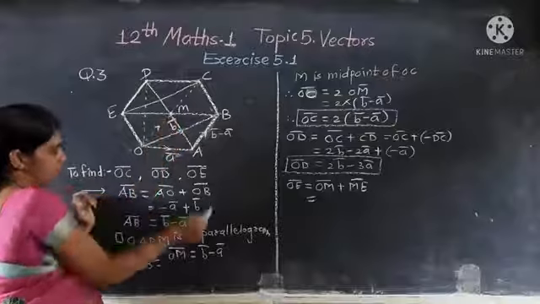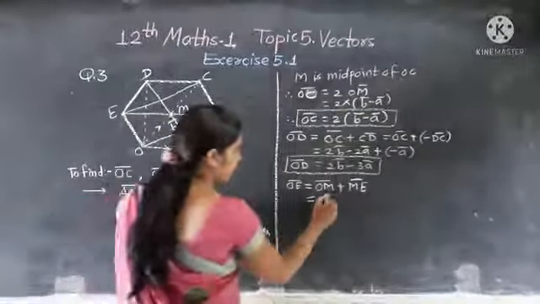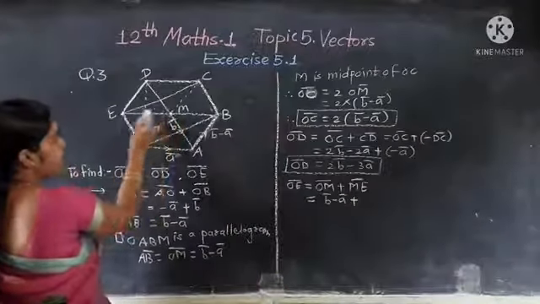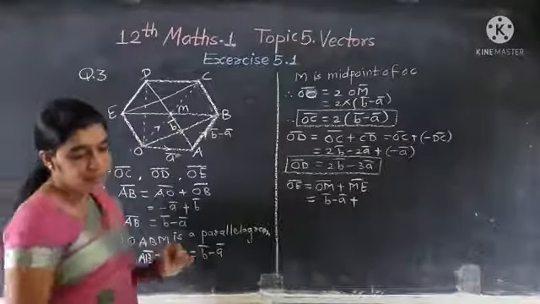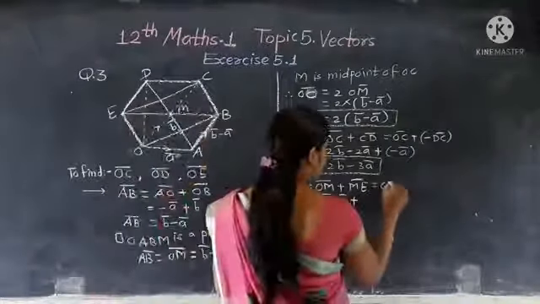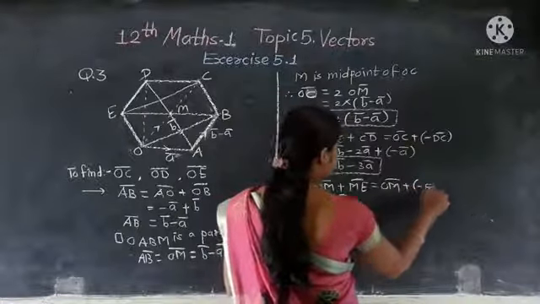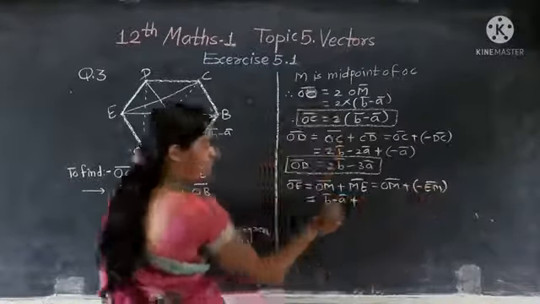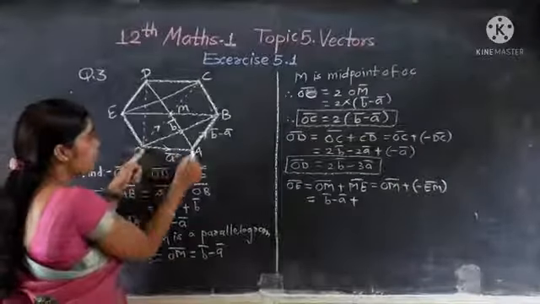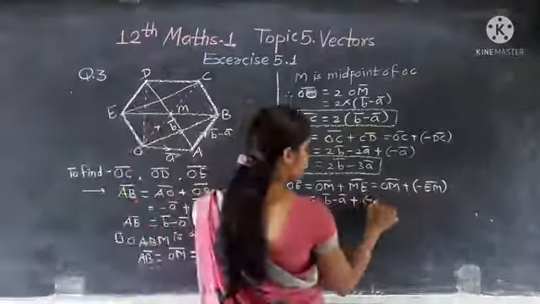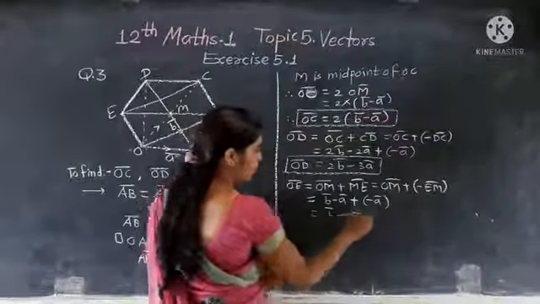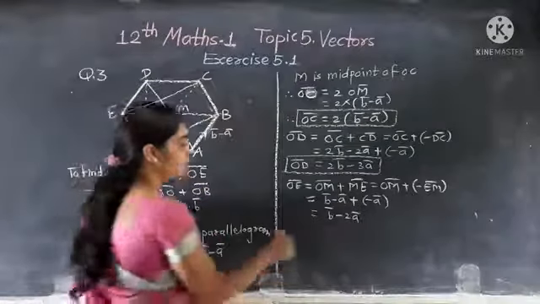OM bar is B bar minus A bar, plus ME bar. ME bar value is minus EM. We take OM bar plus minus EM bar. OM bar value is B bar minus A bar and minus EM bar is equal to minus A bar. We get B bar minus 2A bar. This is the OE bar.